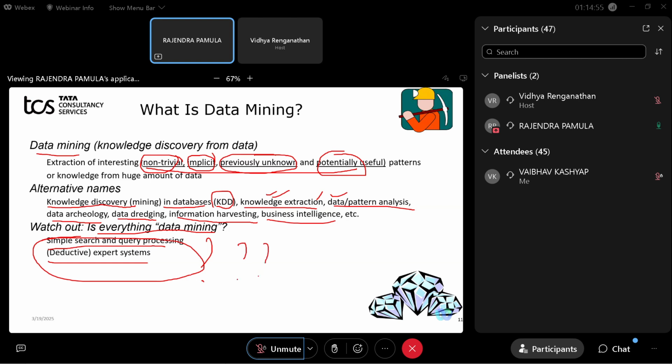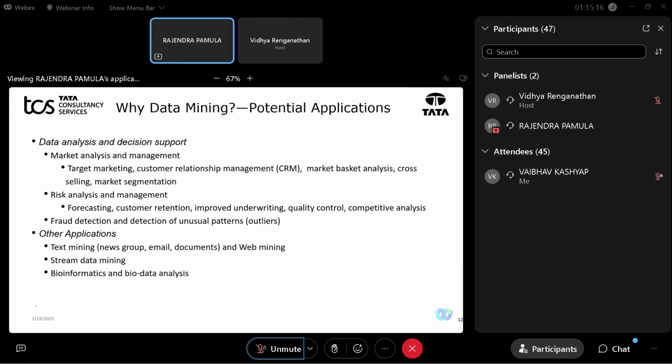We cannot use a simple search technique, analysis, or mathematical expression which concludes that this is the result of this data. We cannot call these small things data mining.